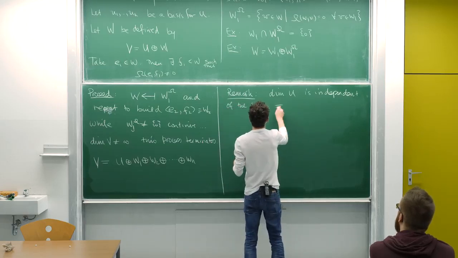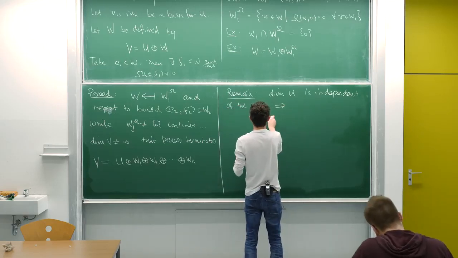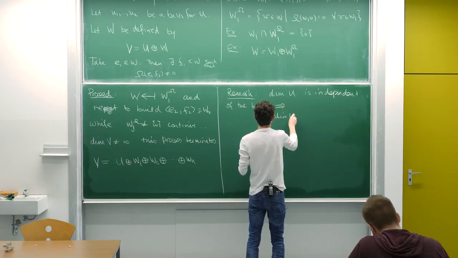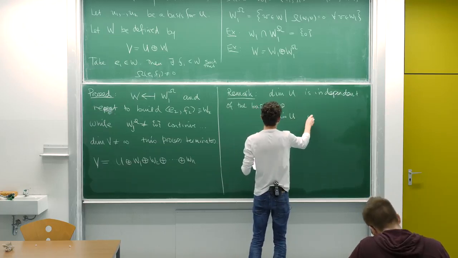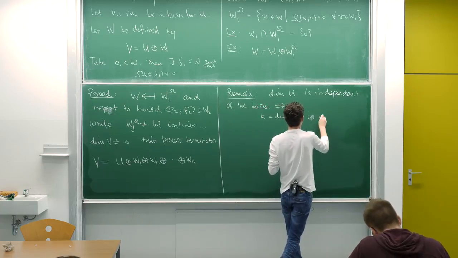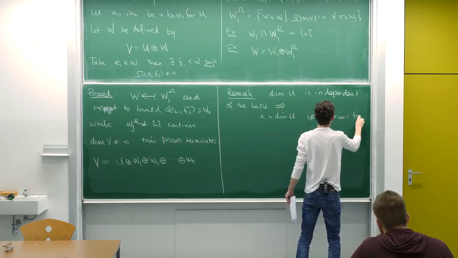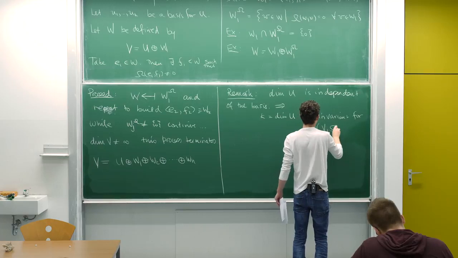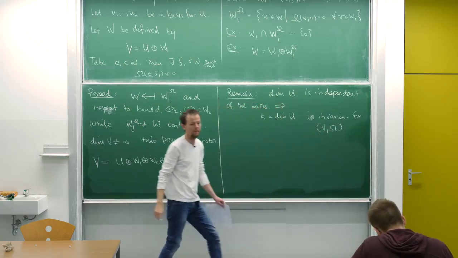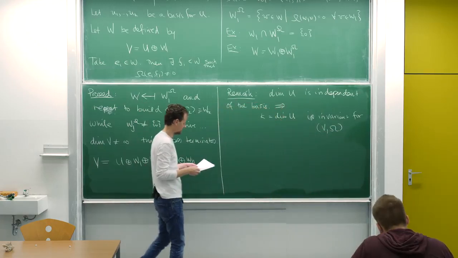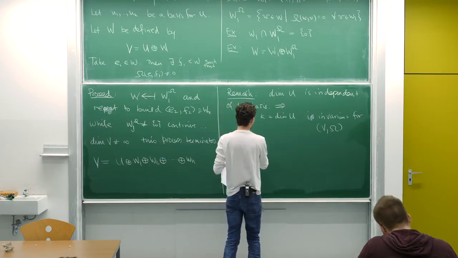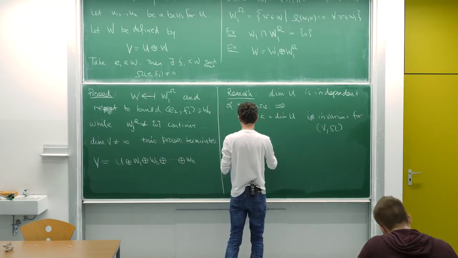And what does that imply? Well, that implies that K, which is the dimension of U, is invariant, right? I just said it. For this pair of a vector space and a skew-symmetric bilinear map. But that also tells us something about N, because the dimension of V is also an invariant of a vector space.